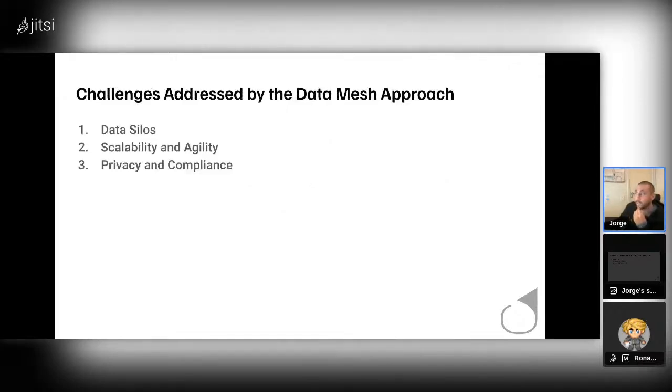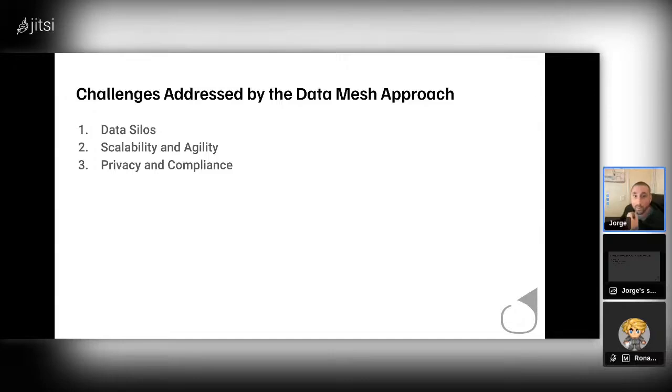Some challenges addressed by the data mesh approach are, in traditional data architectures, data is often isolated within departments or locked in systems, creating data silos. When data is siloed, teams struggle to access information outside their department, leading to incomplete insights and inefficiencies.